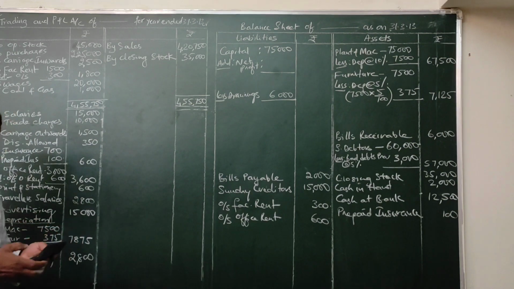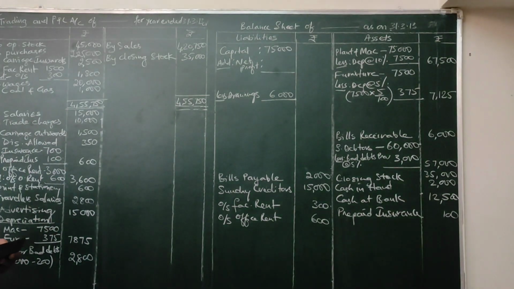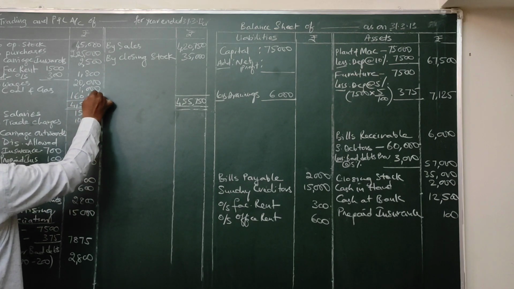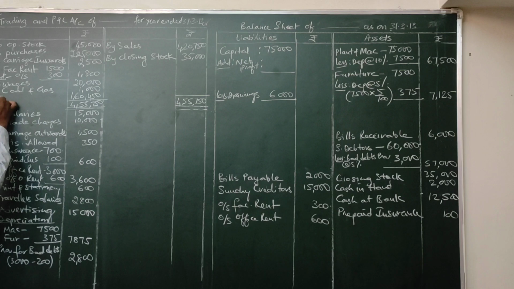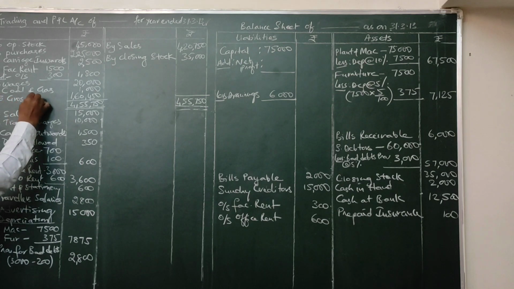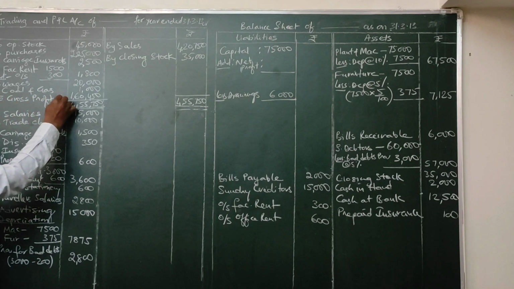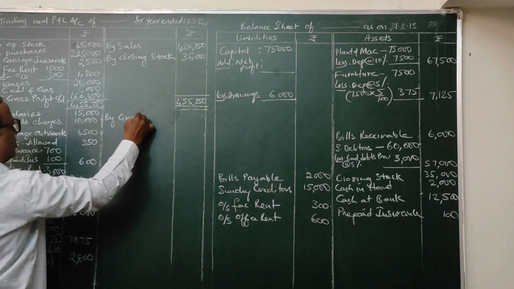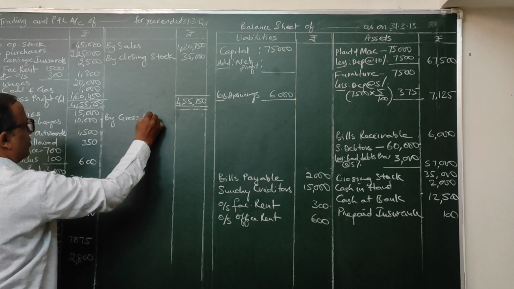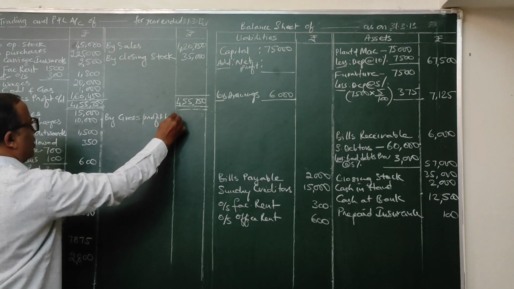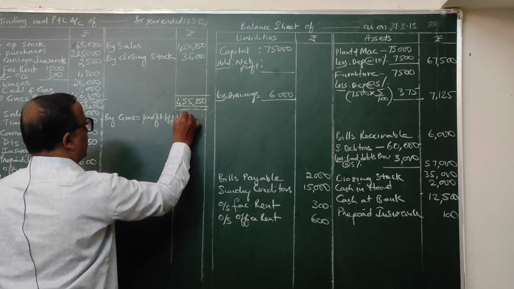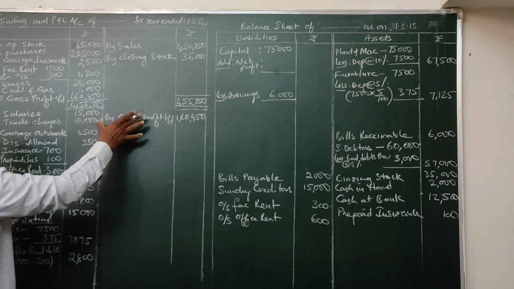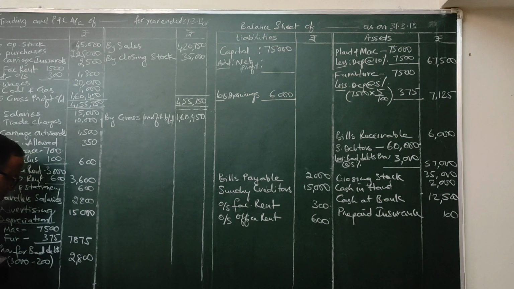The remaining is 1,60,450. So this is your gross profit, carried down, which will be gross profit brought down. We write 1,60,450 here.